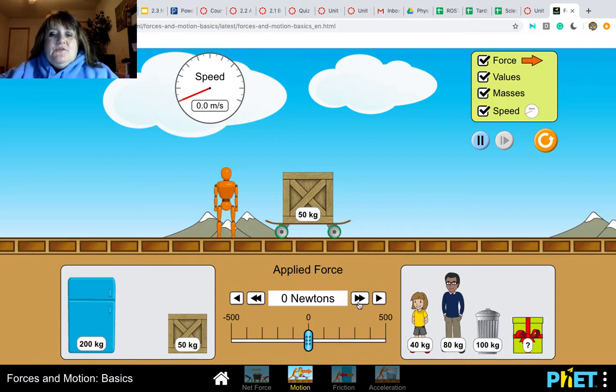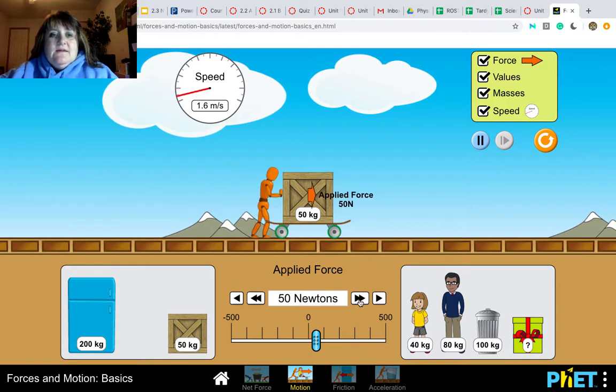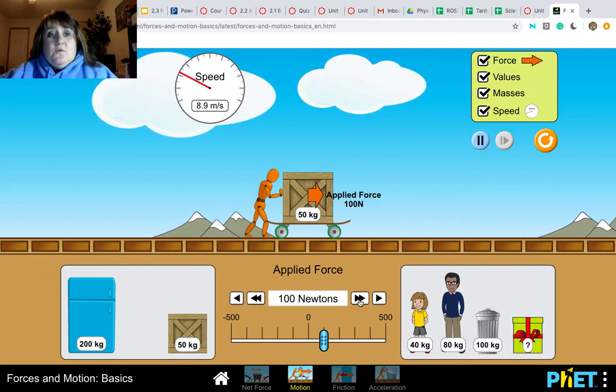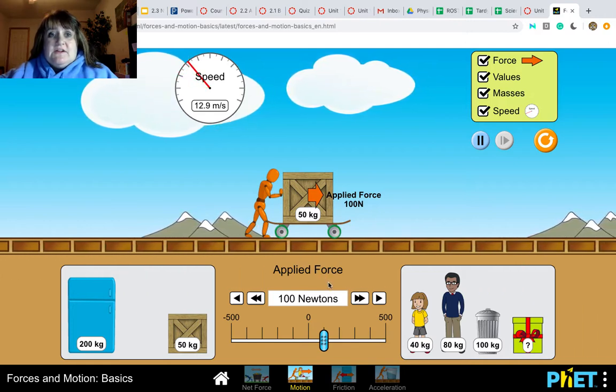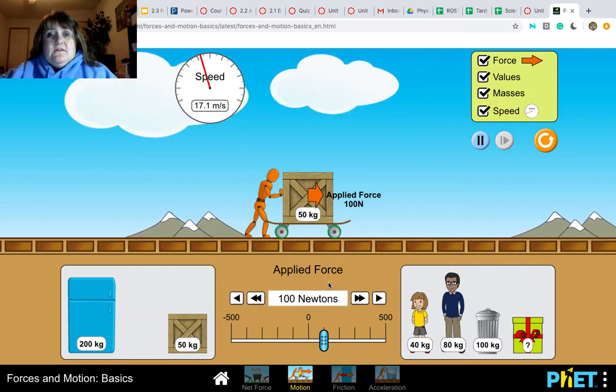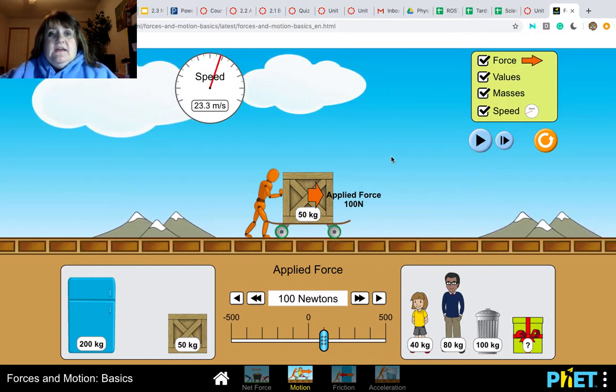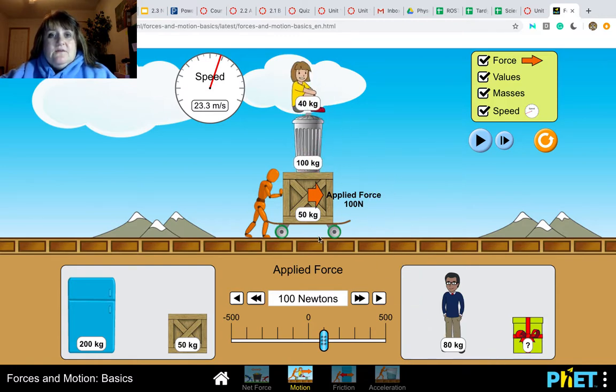But as soon as I apply any force to it, and the more force, the faster it goes. Watch that speedometer. Okay? The more force I apply, the faster it goes. Now, if I add more weight to it, more mass, but keep the same amount of force, is it going to speed up as fast?